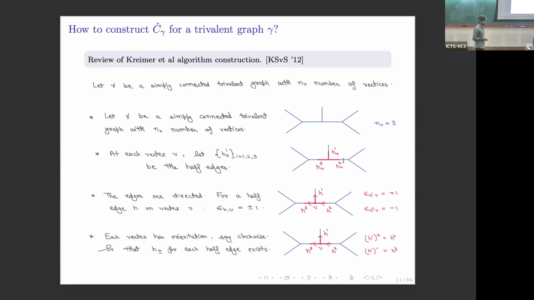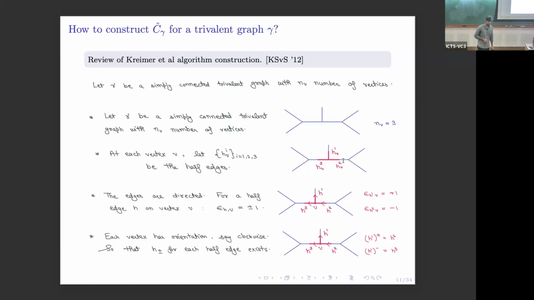The role of the arrows is just whether the momentum is flowing inside the vertex or outside the vertex. But that you can always change by taking minus k. Exactly. If you do it with a minus k, then this epsilon changes and so on. Nothing goes wrong. So you can take the convention that all the arrows are directed towards the vertex.